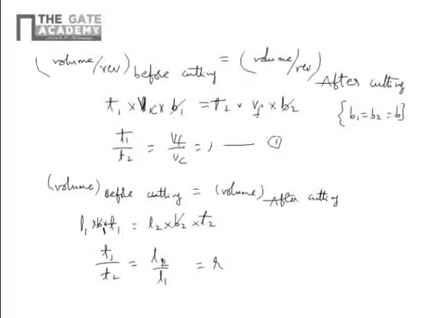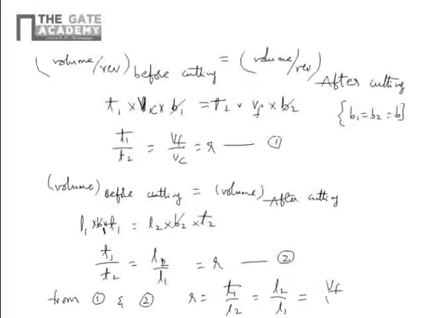Here also chip thickness ratio R. So from 1 and 2, R equal to T1 by T2 equal to L2 by L1 equal to Vf by Vc.